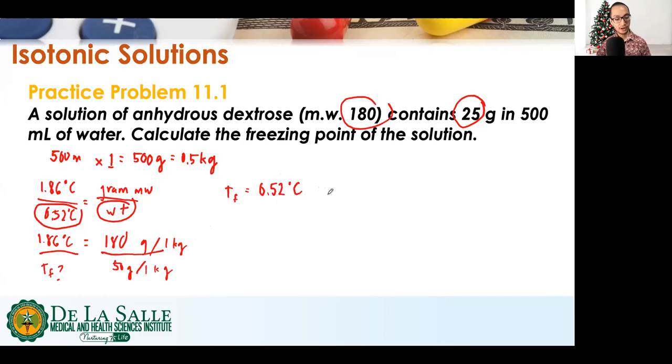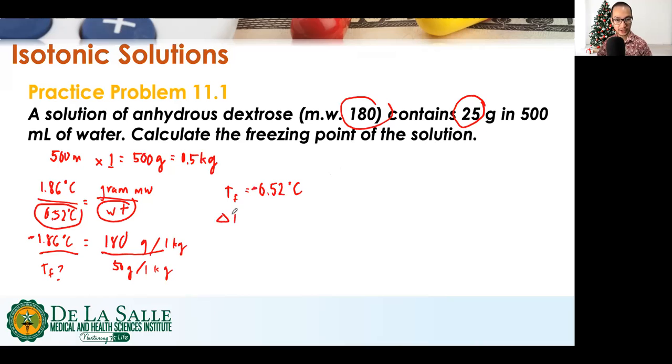Now, from this particular problem, we can see that a solution that contains 50 grams in 1 kilogram of water would have a freezing point depression. This time, this is the depression because I have not yet put the negative sign. So, this is the freezing point.